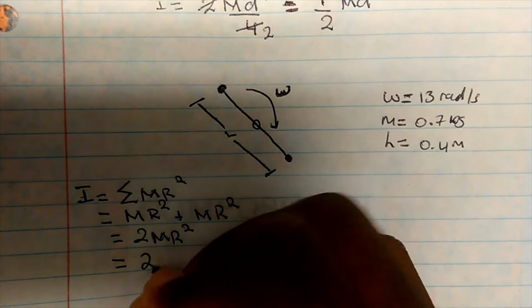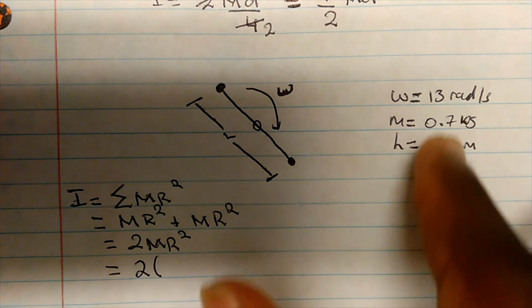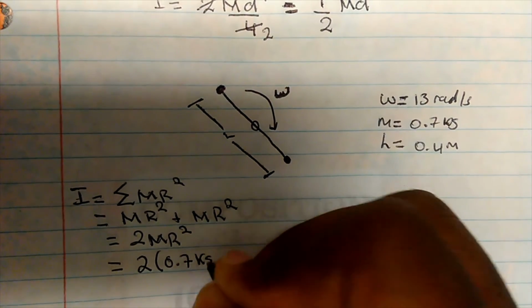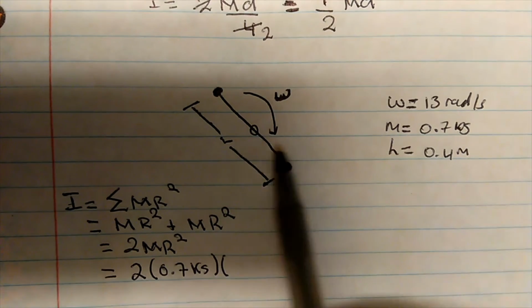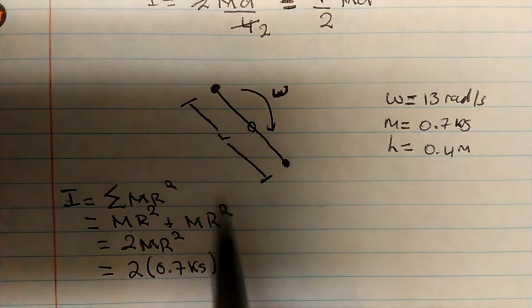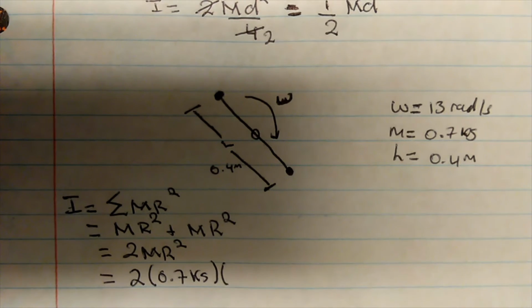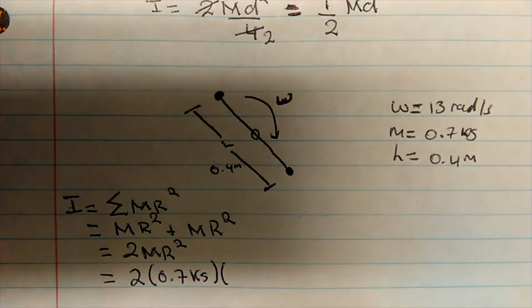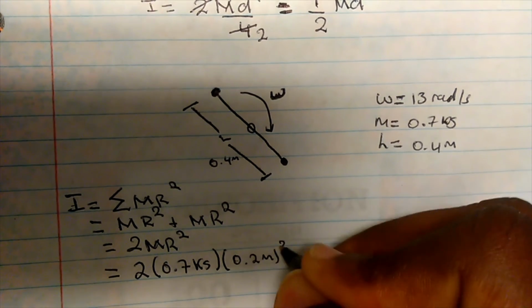So if I multiply 2 by, well, what's my mass? It is 0.7 kilograms. So 0.7 kilograms times, well, what's my radius? From the center of mass to one ball, if the length is 0.4 meters, then the radius, which is half of the length, since 2 times the radius is equal to the diameter, has to be 0.2 meters, squared.